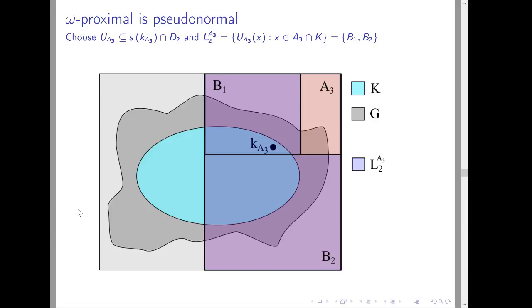And then we're also going to take an Entourage which is contained in D2. And then we're going to divide up A3 into the level 2 cover restricted to A3, L2 superscript A3. In that case, it's just going to give me a B1 and a B2. So that divides up A3, and I only collect the things that divide up A3 that happen to intersect K.